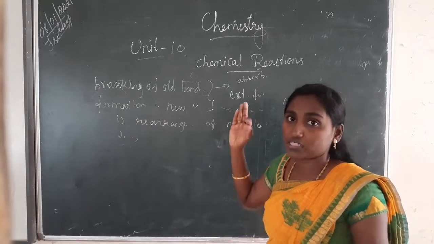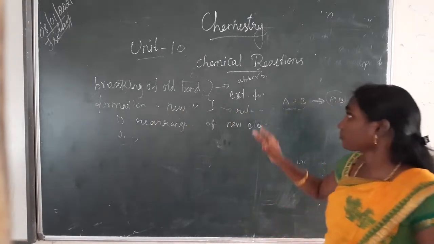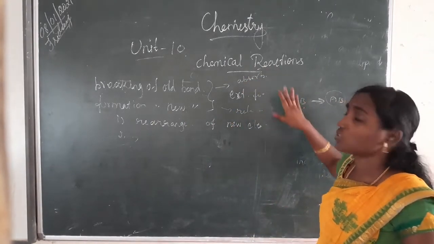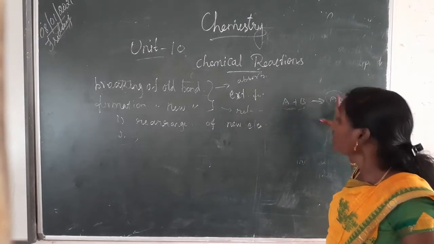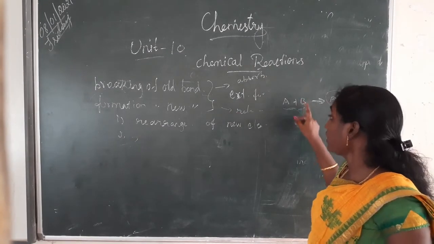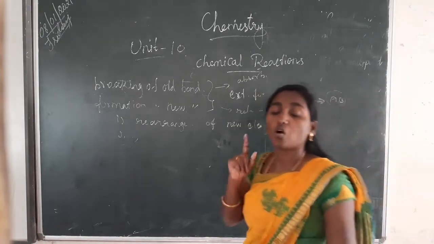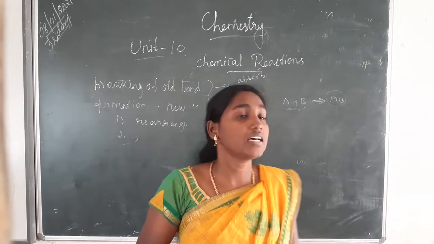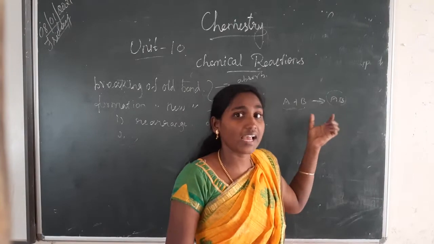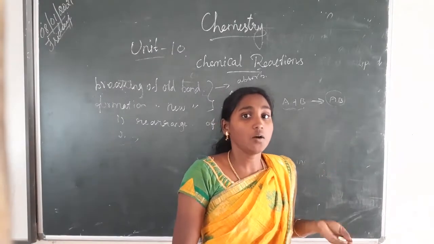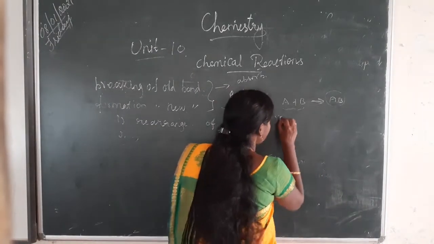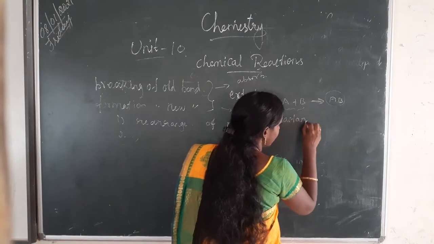Only these 3 points we studied. Next, in the simple chemical reaction I wrote, the left side element or molecule is called the reactant. Reactant element or reactant molecule, reactant, not reaction.